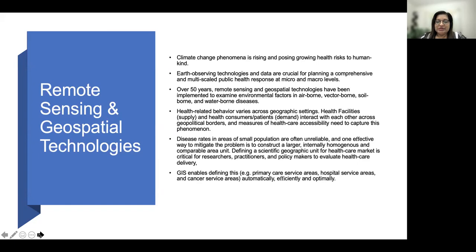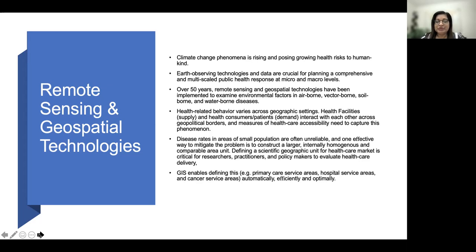When we look at disease rates in areas of small population groups, these are often unreliable. One effective way to mitigate this problem is to construct a large, homogeneous, and comparable area unit. So defining a scientific geographic unit for healthcare market is critical for practitioners and policymakers to evaluate and deliver healthcare.